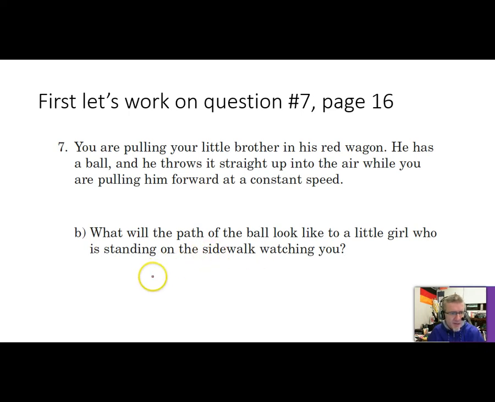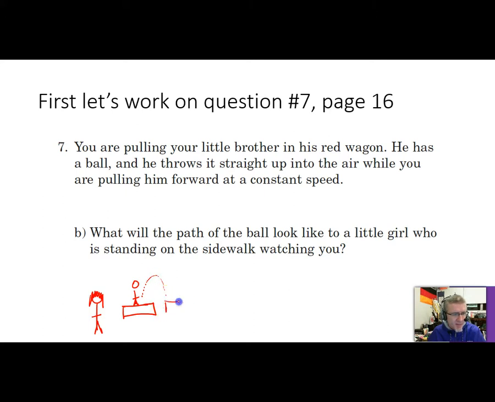To a little girl who's standing by the sidewalk. So this was when the camera was not attached to the cart and they dropped the ball. So here's a little girl. She's standing by the side and she's watching the cart, or the wagon, go by with my little brother on it. What she sees is the ball goes up, it stops somewhere, and then it comes back down.